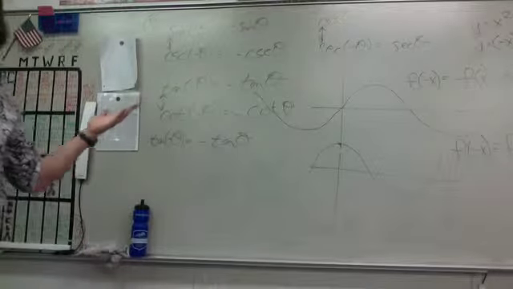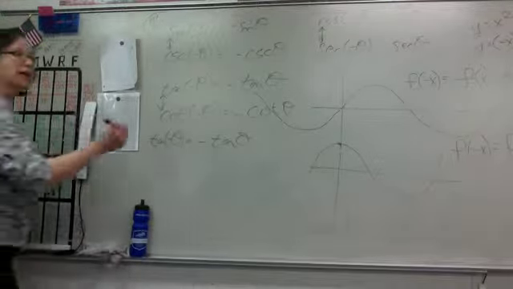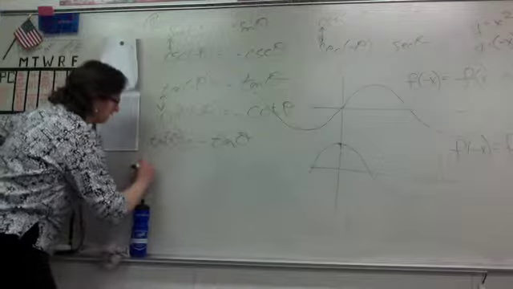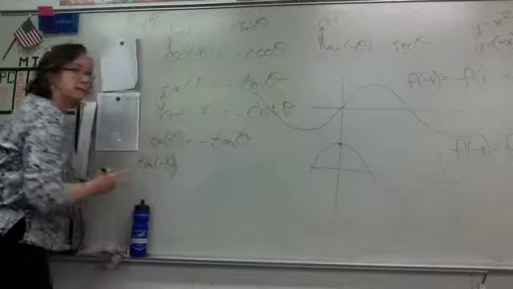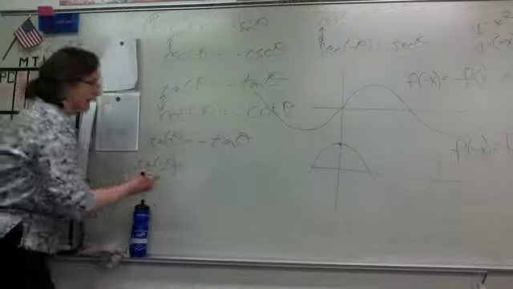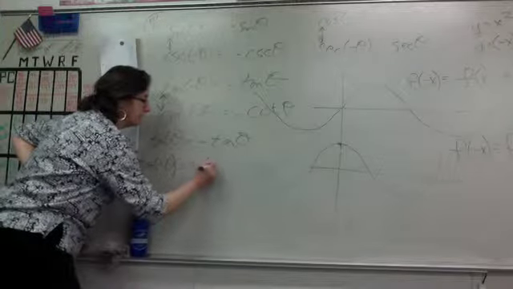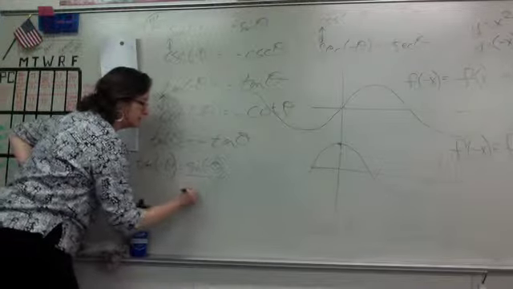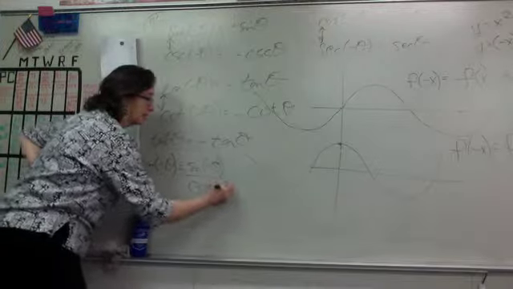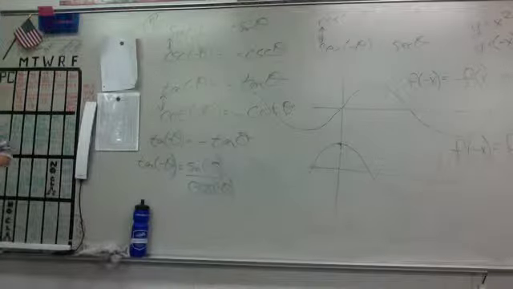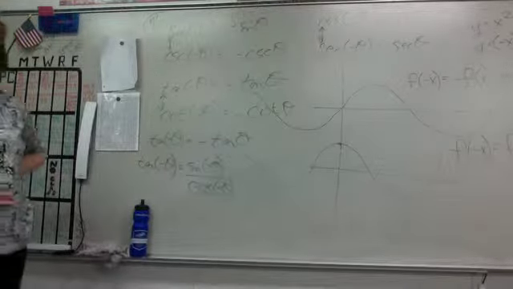Which I will be asking you things like that. Could I say that tangent of negative theta is the same thing as sine of negative theta over cosine of negative theta? Could I say that? Because I've told you over and over, the tangent is just the sine over the cosine, isn't it?